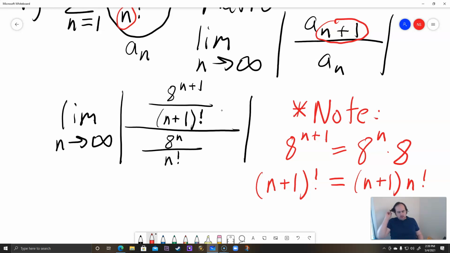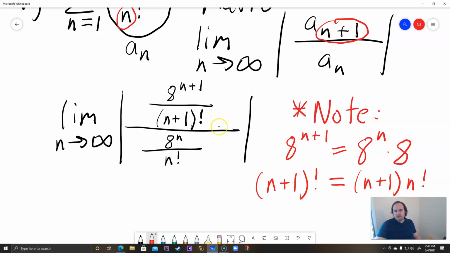So n plus 1 factorial is the same as n plus 1 times n times n minus 1 times n minus 2, all the way down to 3, 2, 1. So n plus 1 factorial is equal to n plus 1 times n factorial, because this n factorial is just n times n minus 1 times n minus 2, going all the way down to 1.